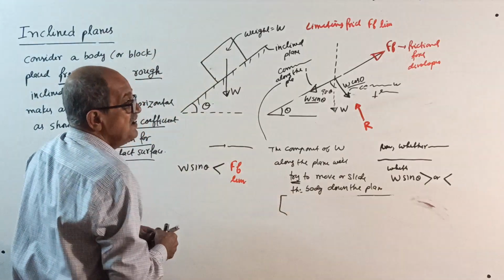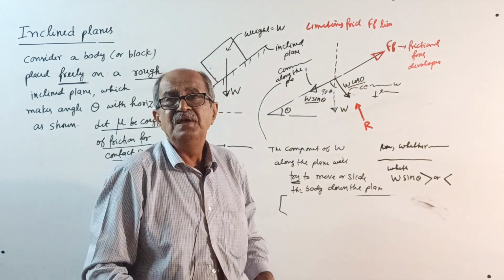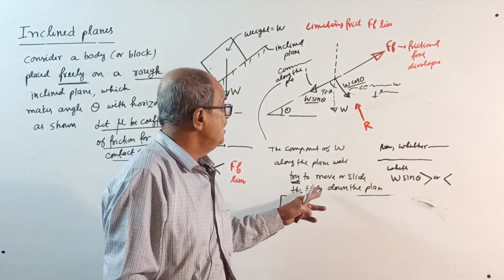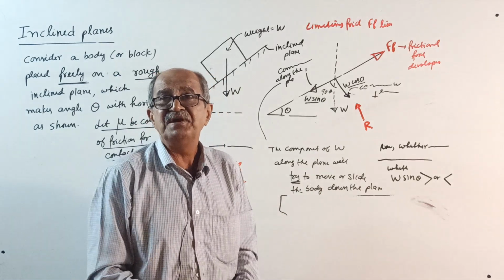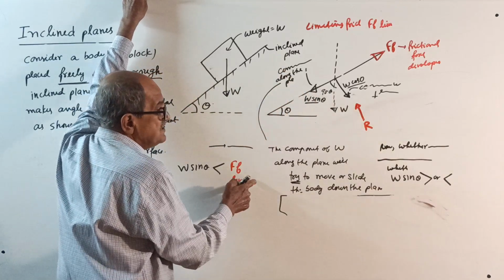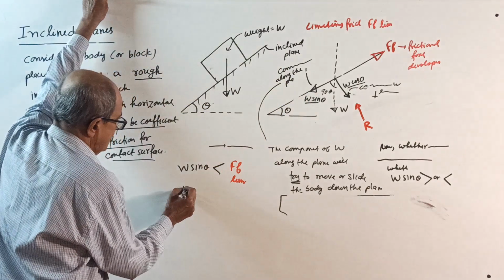Ff limit means limiting frictional force, I already told you 1000 times. It is the frictional force when the body is on the verge of moving, or maximum possible static frictional force. So, if W sine theta is less than the limiting friction, the body will not move.